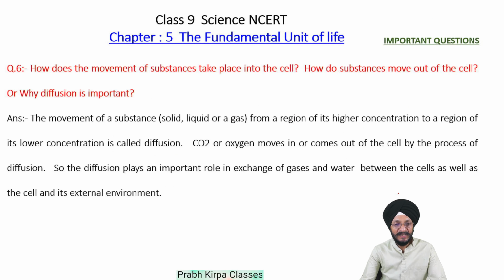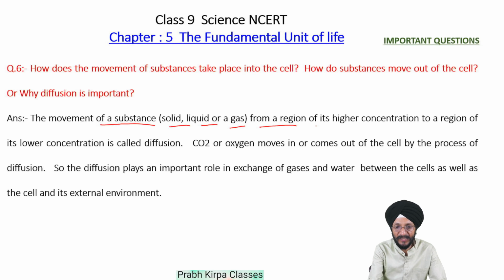Next question is, how does the movement of substances take place into the cell, how do substances come out of the cell, or why is diffusion important? The movement of substances, whether solid, liquid, or gas, from a region of its higher concentration to a region of its low concentration is called diffusion.